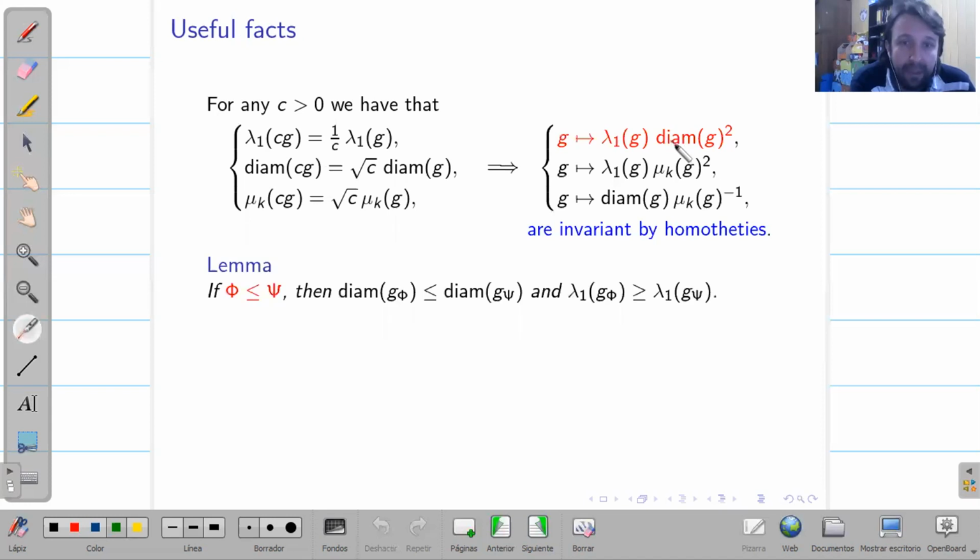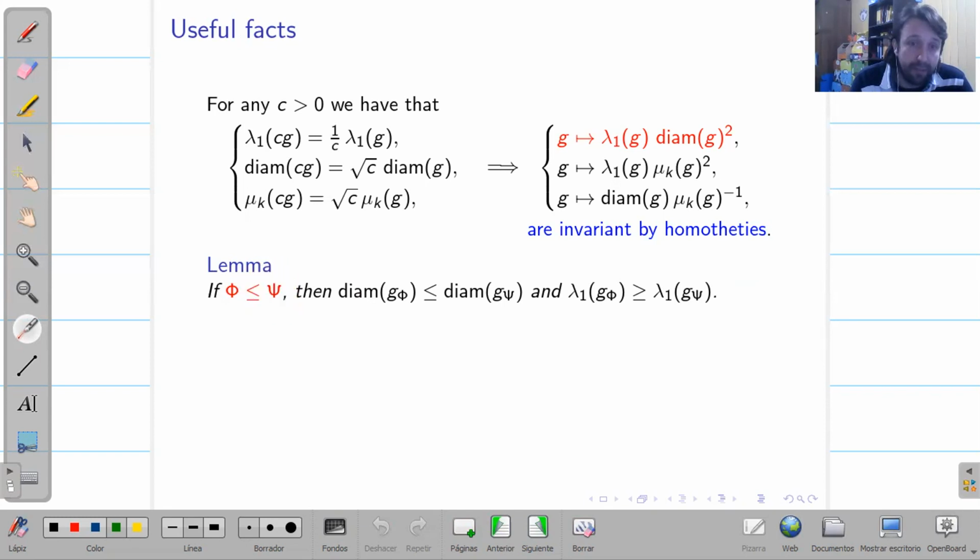And let me prove a very simple lemma. Remember the left invariant metrics are in correspondence with positive definite symmetric endomorphisms of the Lie algebra g. Take two of them related in this way.